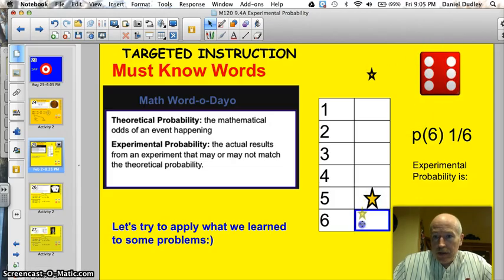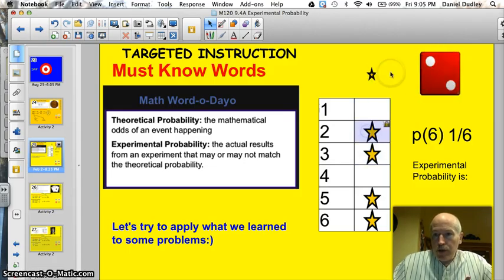We got a 6, move it down into 6, roll it again. Roll it down, move it down to a 3, roll it again. Move it to a 2, roll it again. We got a 5 again. I've got to set this guy off to the side now because I've got 2 5s. And roll it one more time. I got a 1.